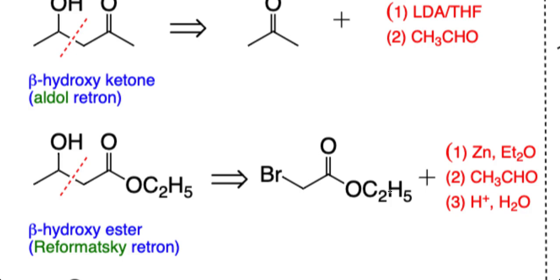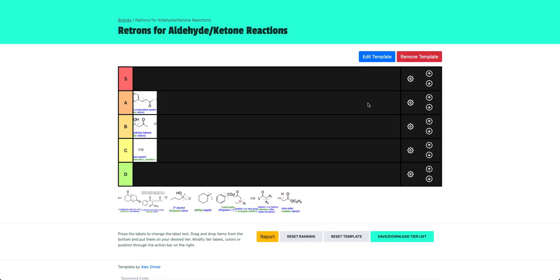But I don't like this as much because OR groups are a lot more fun to do when you use Claisen reactions. I probably butchered that name as well. And those strangely are not on here, but those are a lot more fun. I'd probably put those at B or A tier. But this one, I hate having to throw in a zinc there. When do you ever use zinc? So it's a bit annoying, and I always forget to use it as an option. Because of that, I'm also going to put that at C tier.